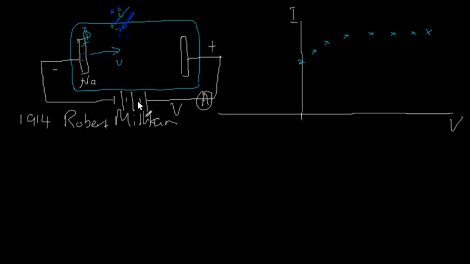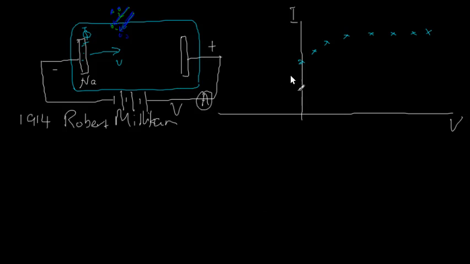Now if we reverse the battery and make this negative, then the negative plate will slow down the electrons. We repel the electrons, and they will slow down, so fewer electrons will reach here.